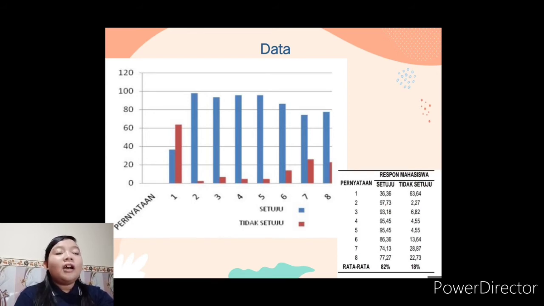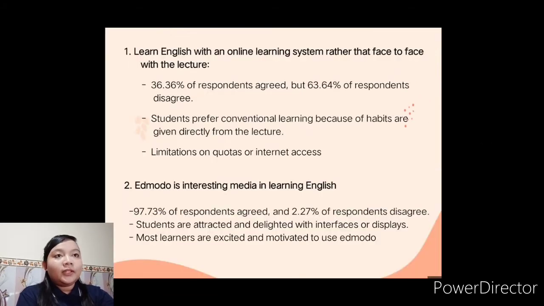From this data, we can see a significant difference between the result for statement number 1 and the other statements. In statement number 1, most respondents disagree with the statement, while for the other statements, most respondents agree.